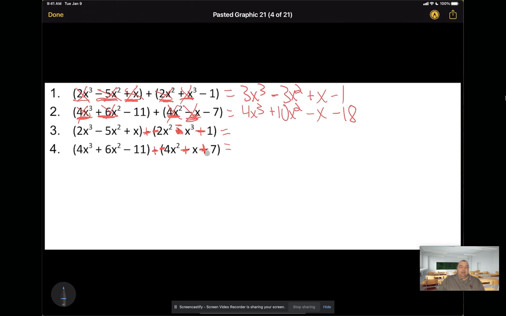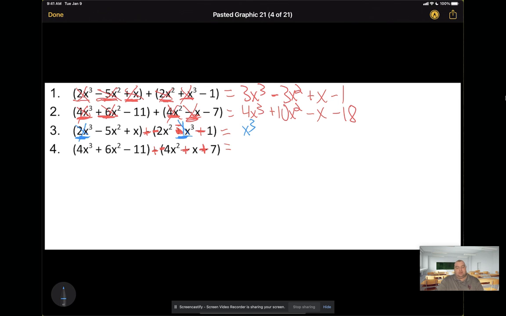So again, I start by looking for the largest exponent between both of them. So in this case, in number 3, it's going to be x cubed. I have 2x cubed, and I have negative 1x cubed. So 2 and negative 1 combine to a positive 1x cubed, or just x cubed.